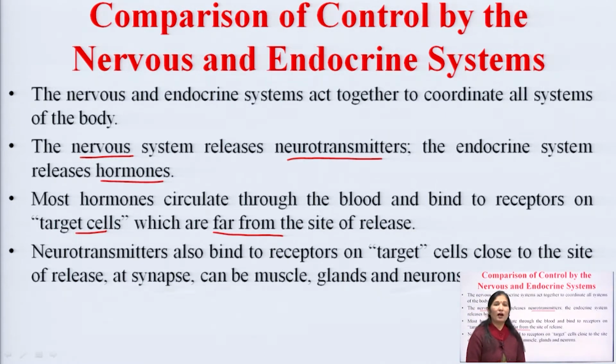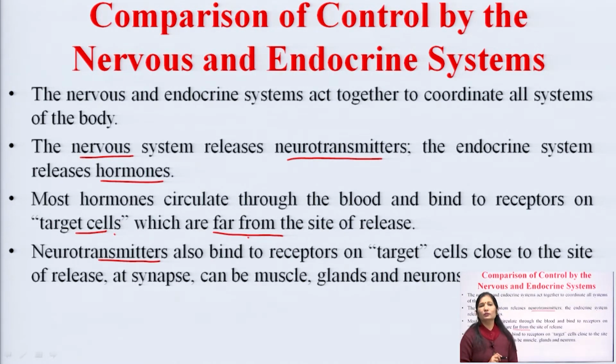In the case of hormones, their target site is far from their site of release. They reach the target site through the blood. So, in the case of hormones, the target site is far, but it is different in the nervous system.